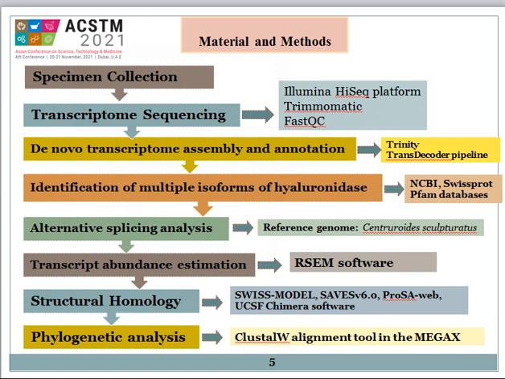All of these sequences were further aligned using the ClustalW alignment tool, and the multiple alignment obtained was used to estimate the phylogenetic tree with MEGA-X with the neighbor-joining method.